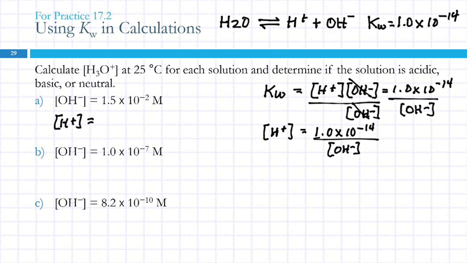So then here H plus is 1.0 times 10 to the minus 14 divided by 1.5 times 10 to the minus 2. My calculator gives me a bunch of zeros. Again, my rule of thumb is if there's more than 3, put it in scientific notation.